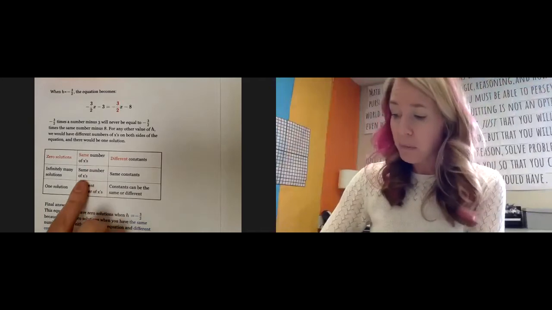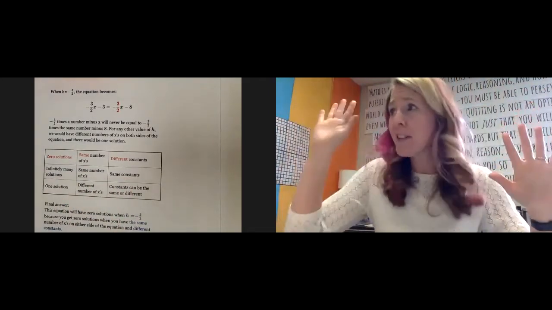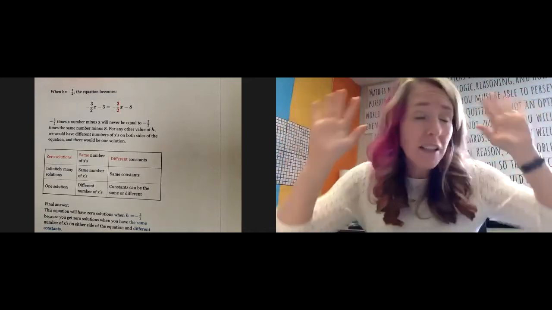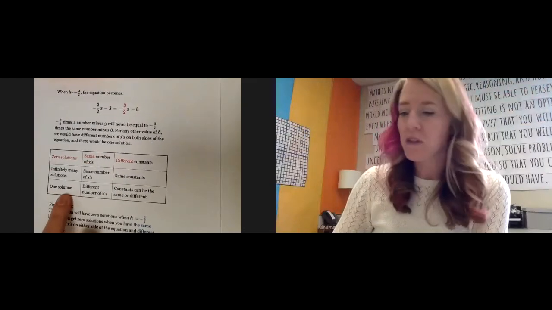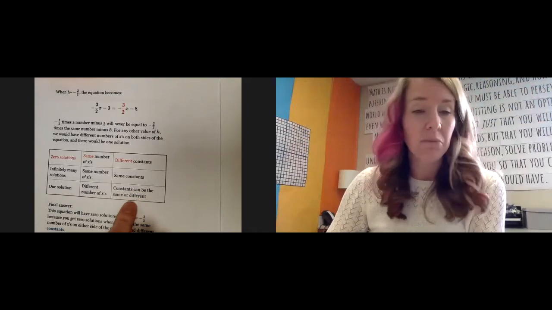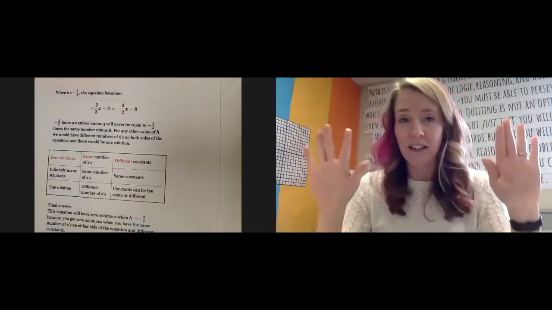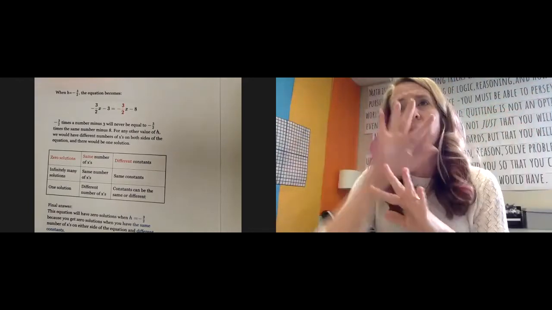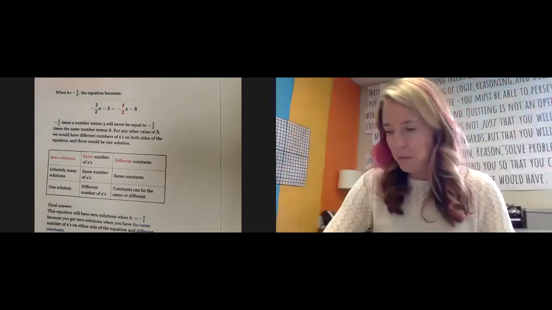With the same number of x's and same constants, you could put any number in there, and if you're doing the same stuff on each side, it's going to be equal all the time. One solution is when we just have a different number of x's, and the constants don't matter. They can be same or different. If you have different amounts of x's on each side, you'll be able to solve.